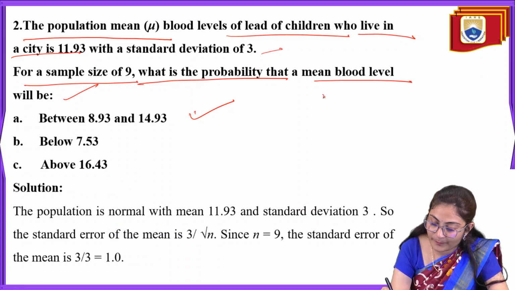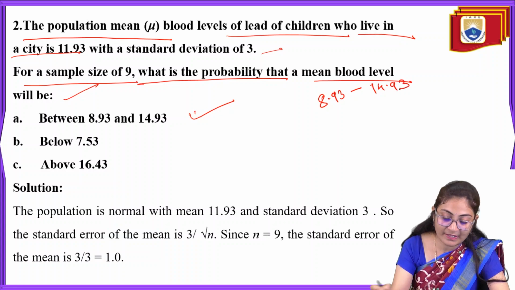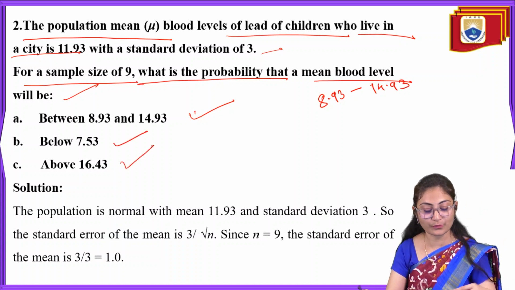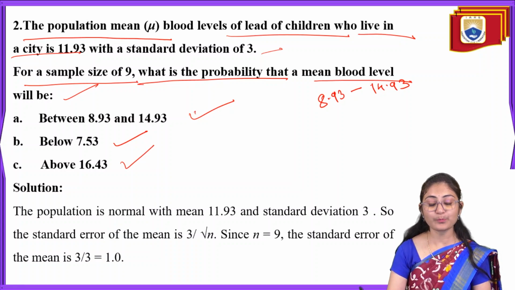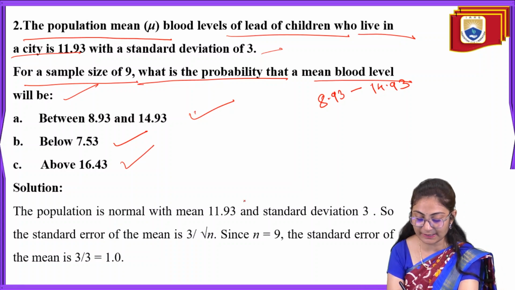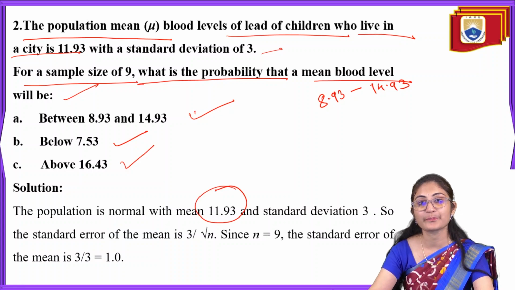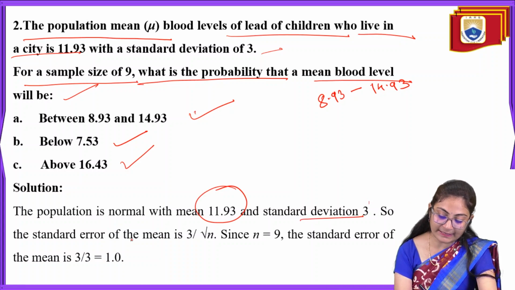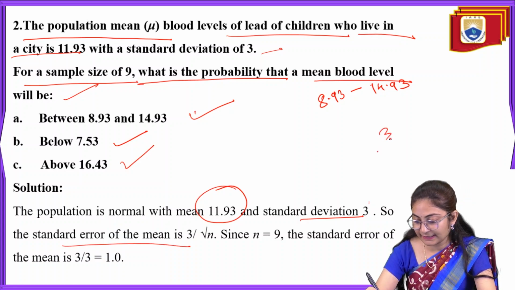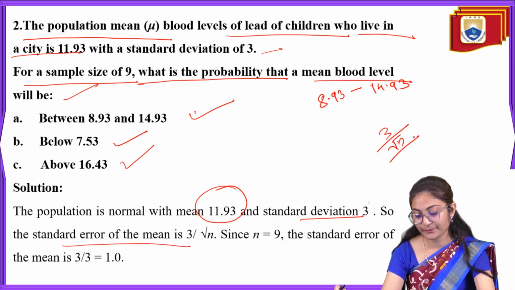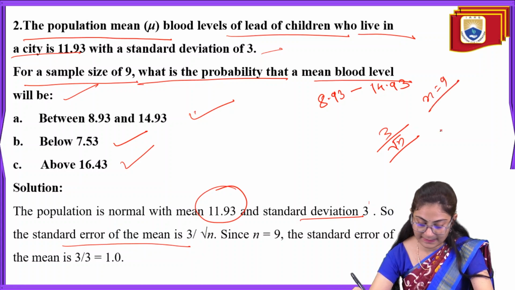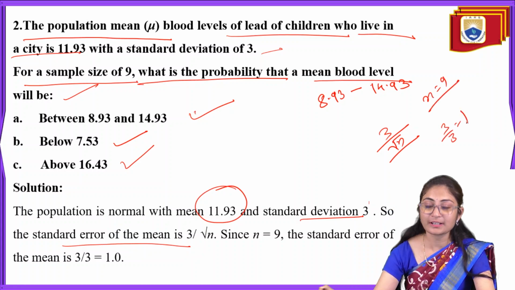They have also given below 7.53 and above 16.43. Again here the population is normal with mean 11.93 and standard deviation 3. So the standard error of the mean is 3 divided by root of n, and here n is 9. That means 3 divided by 3, which comes to 1.